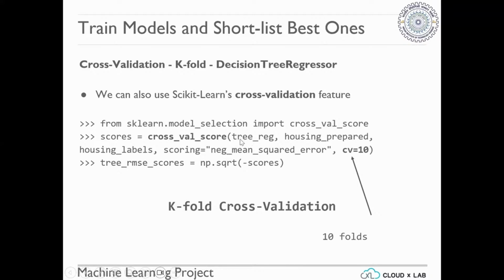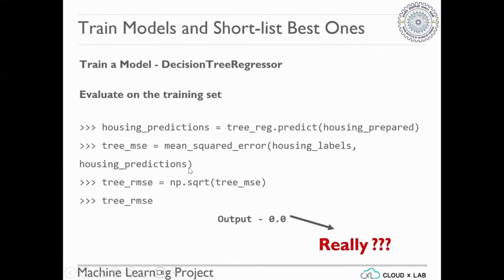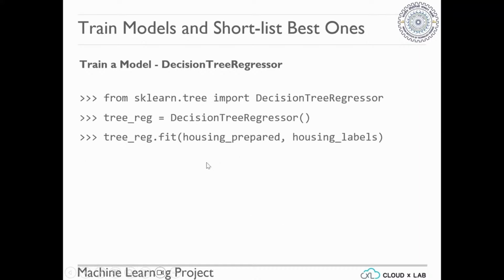Since we want to do cross validation using the decision tree model, here I am writing tree_reg, which is nothing but the decision tree regression model. So this is the model using which I am doing cross validation.